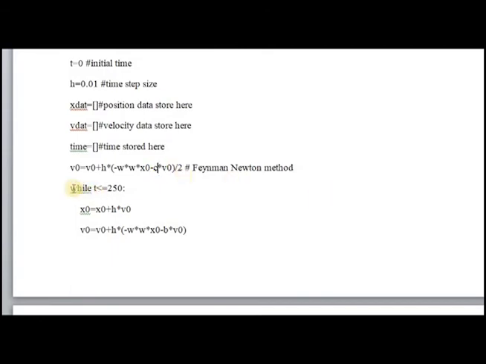And now, while t is less than or equal to 250, you can vary this time, x is equal to x plus h into v0. Similarly, velocity is velocity plus h into minus omega square x minus c v0. That's all.